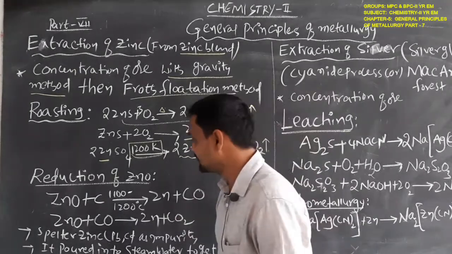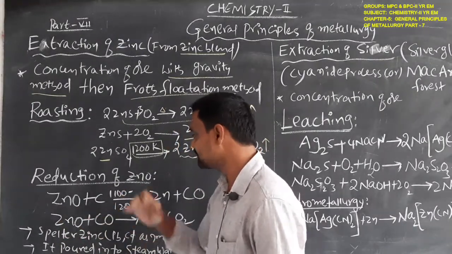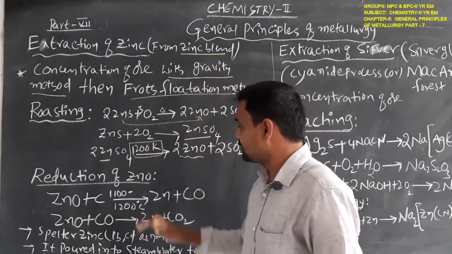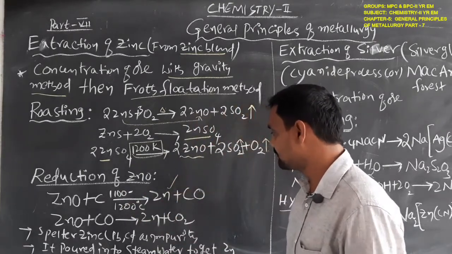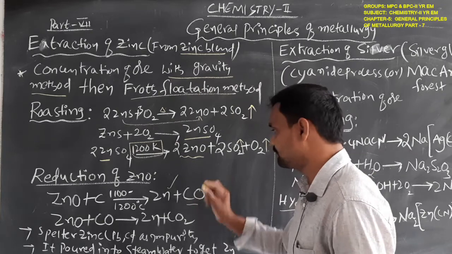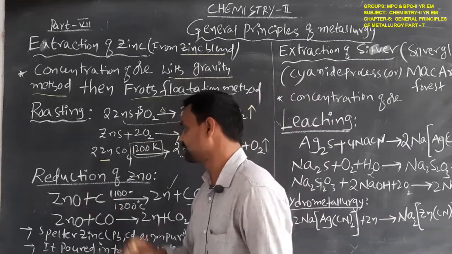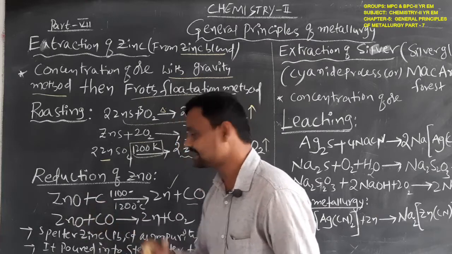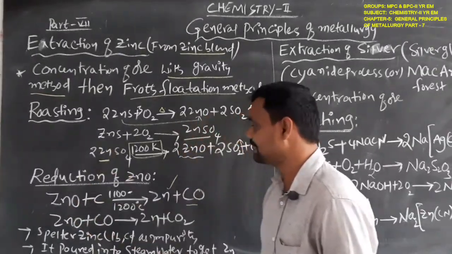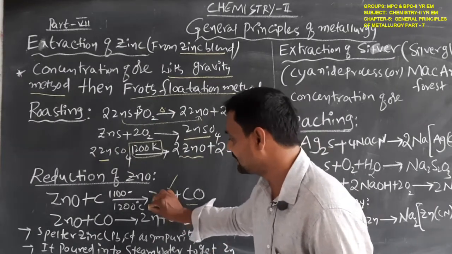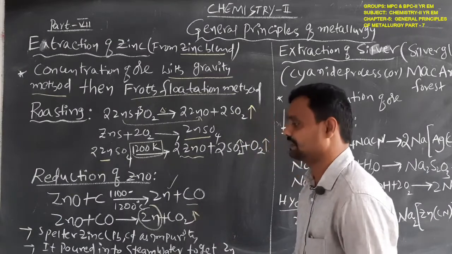For example, zinc oxide reacts with coke at 1100 to 1200 degrees Celsius and is converted to zinc by eliminating carbon monoxide. If any zinc oxide remains, this carbon monoxide reacts with the remaining zinc oxide and finally it is converted to zinc by eliminating carbon dioxide gas.